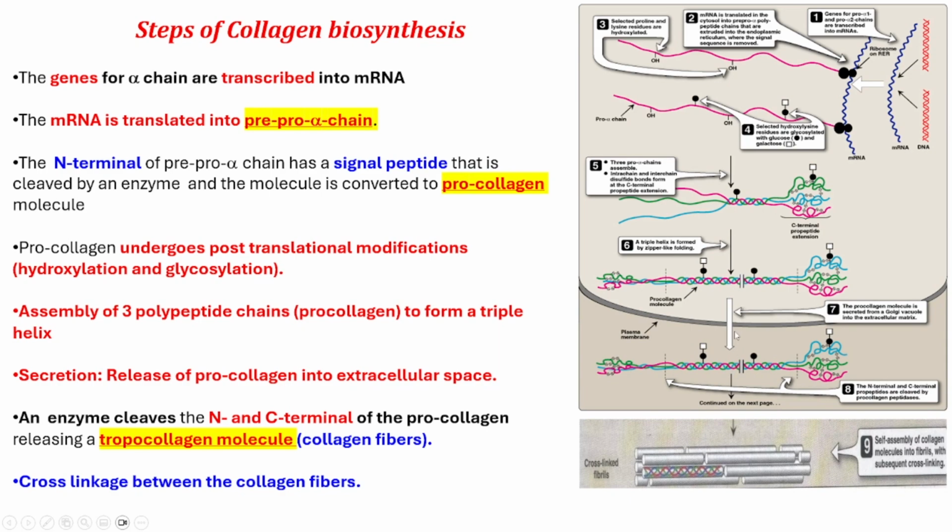When it's excreted outside of the cell, the N and C terminals of this pro-collagen will be cleaved, as you can see here with these dots. Then I obtain what I call tropocollagen, or simply collagen.